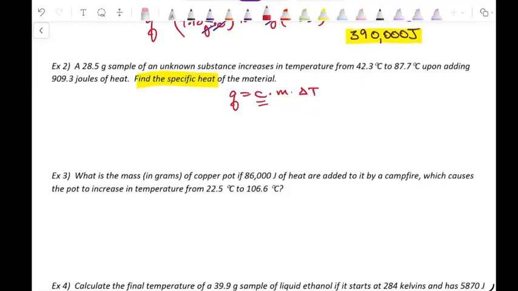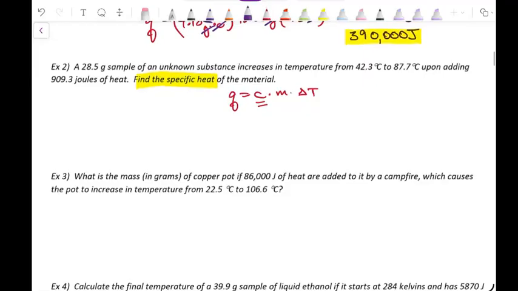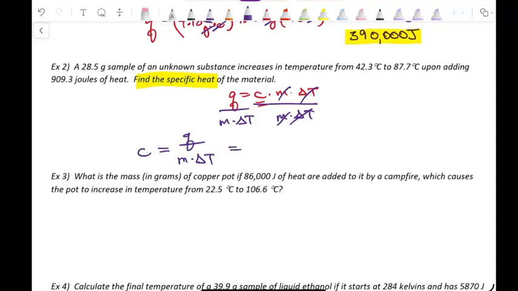Okay, hopefully you said that we would divide both sides by m times delta T to get C by itself, right? So C equals Q over m times delta T.